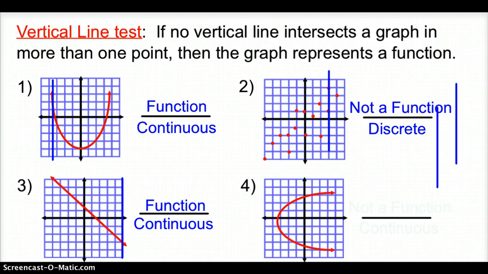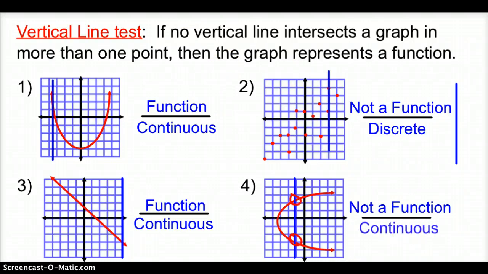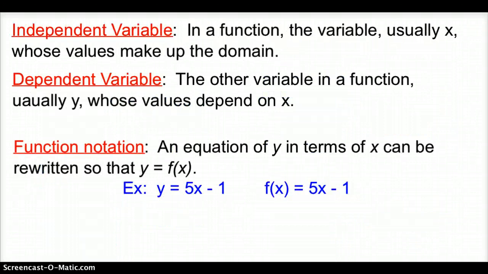And then finally, can I place this line through any 2 points on number 4? Yes, I can. I leave it there, and notice how that blue line passes through that point and that point all at the same time, so therefore it is not a function, but it is a continuous relation. Now a couple more vocab words here. We have an independent variable, and in a function the variable, usually x, makes up the value of the domain. It's whatever variable makes up the domain.